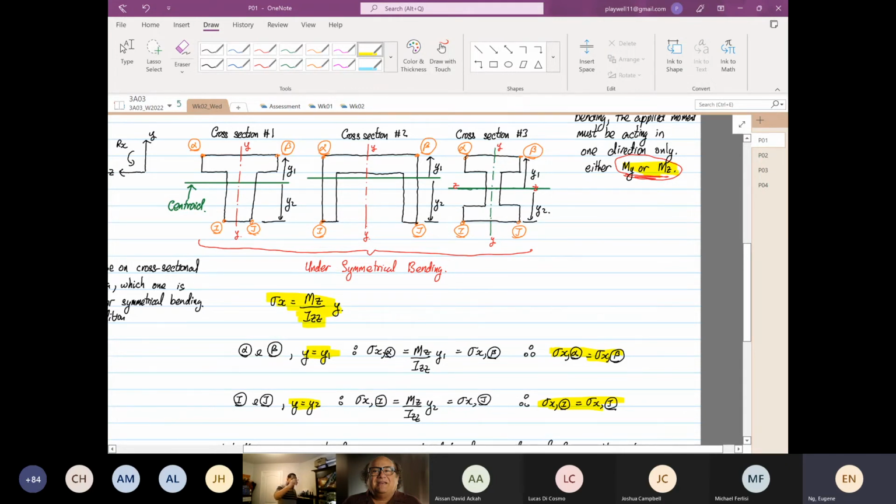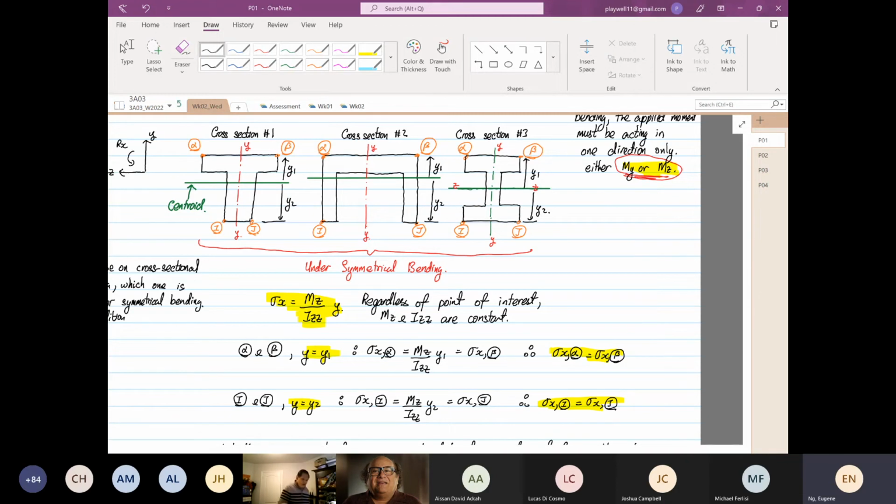Regardless of the point of interest, Mz and Izz are constant. It's only the y that is changing.